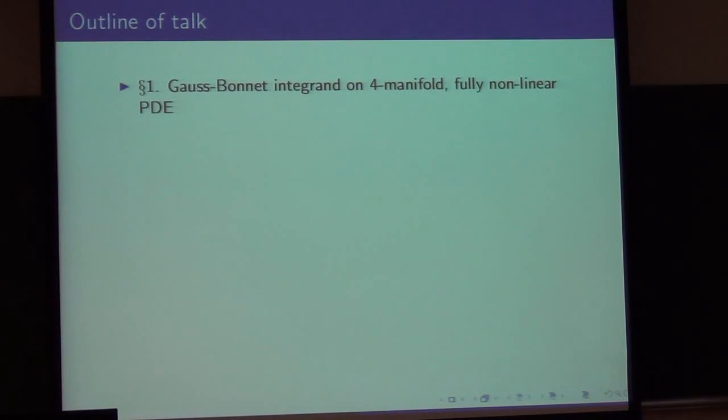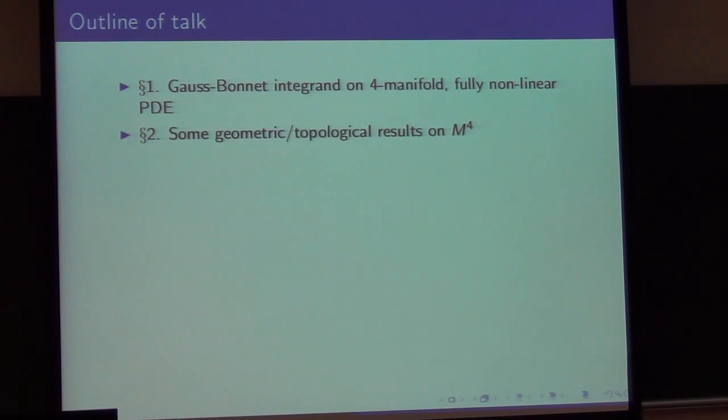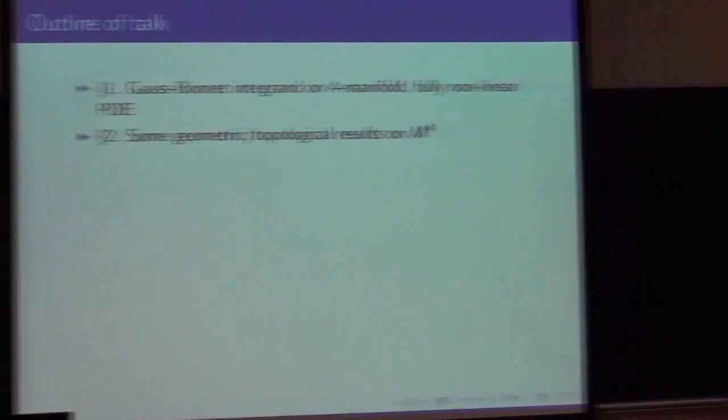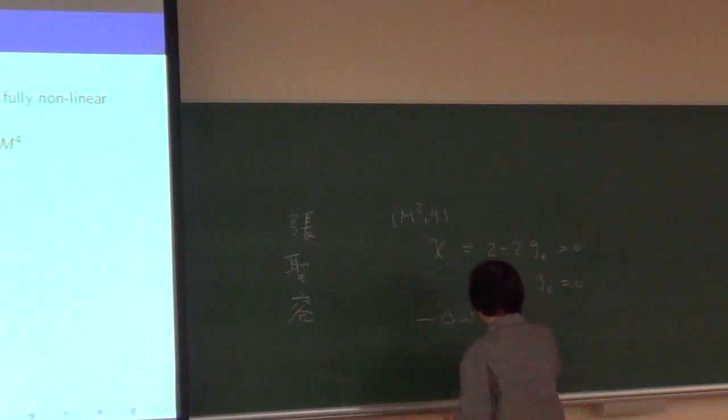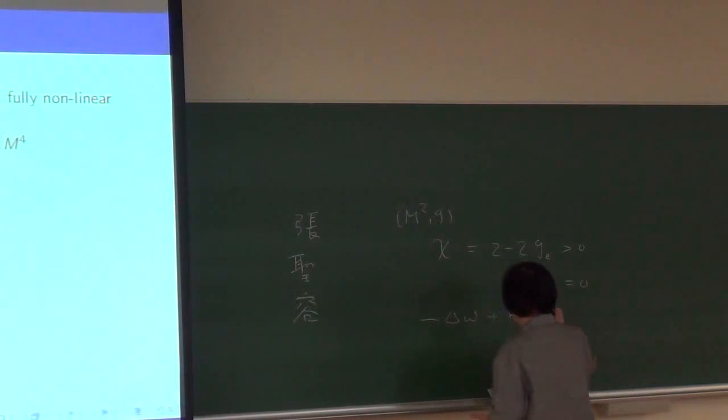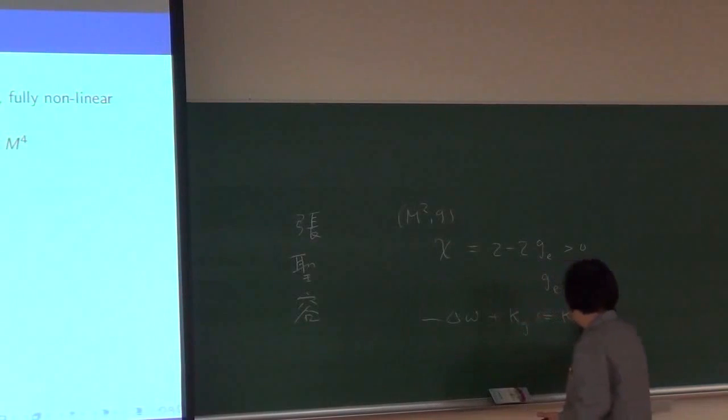So the outline of the talk: first, I would recall how to generalize this approach to the uniformization theorem to four manifolds, so we will review the Gauss-Bonnet integral on four manifolds. Then, instead of the prescribing Gaussian curvature equation on the surface M2, we now have this Gaussian curvature equation on four manifolds.